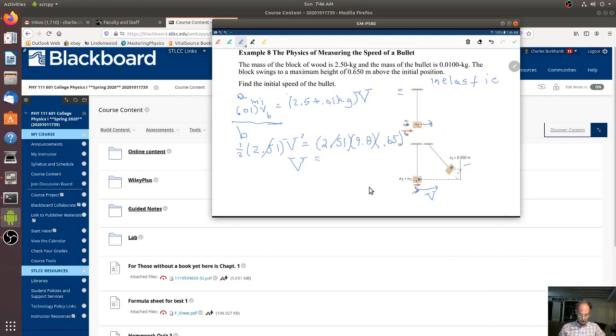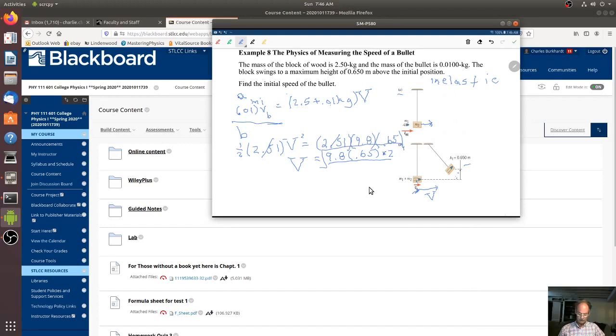And so it looks to me like V is going to be 9.8 times 0.65 divided by 1/2. Well, it's the same as multiplying by 2, so I'll just multiply by 2. And then I've got to take the square root of it.